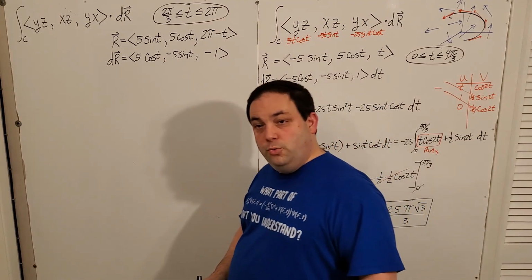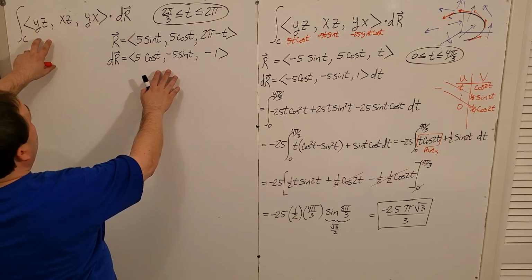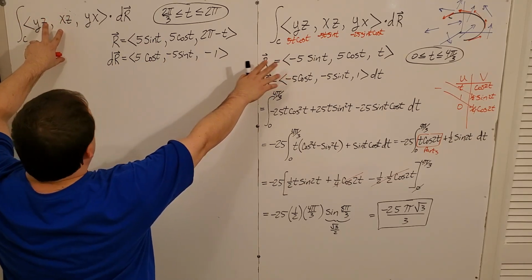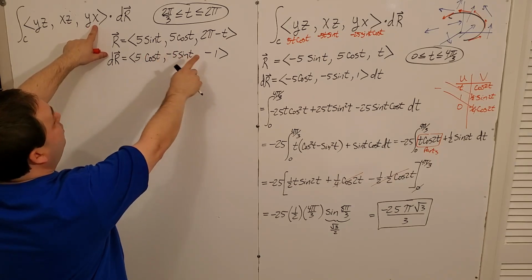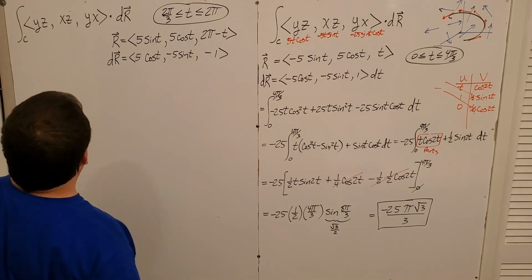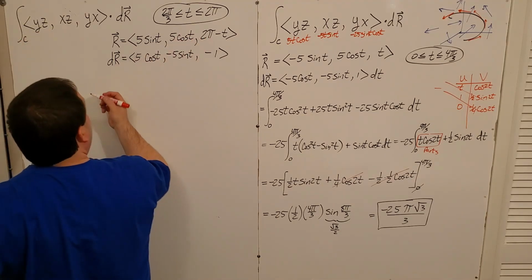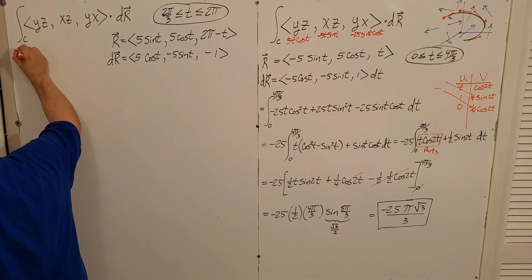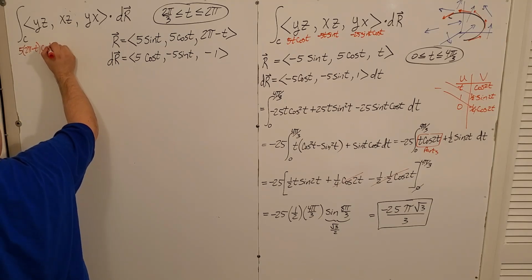So now we're going to do the dot product, right, from here to here. And it's basically the same setup as over there. The yz has been replaced, the xz has been replaced, the yx has been replaced. So we just need to write down real quick to remind us. Y times z is going to be 5(2π − t) times cosine.